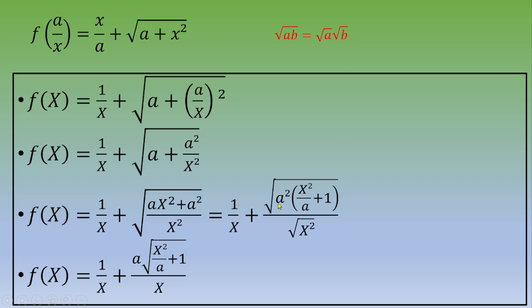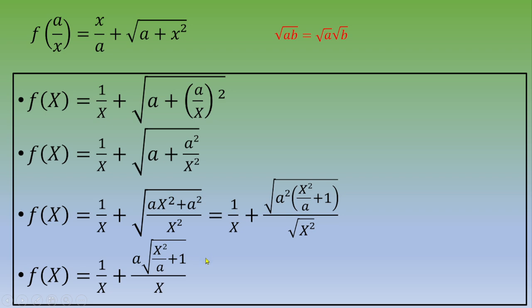Once again, a is a positive constant, so the square root of a squared, this is a. So we end up with f of capital X equals 1 over capital X plus a times the square root of capital X squared over a plus 1, over capital X.